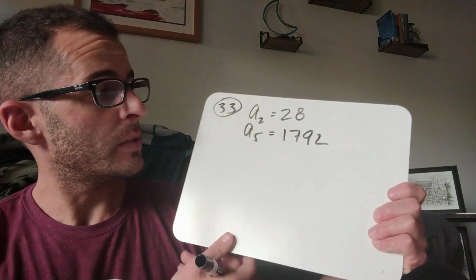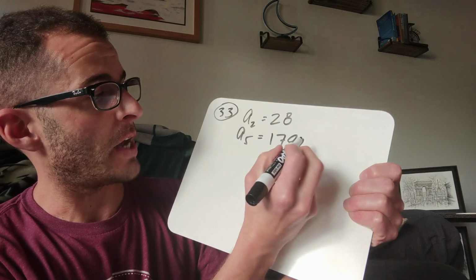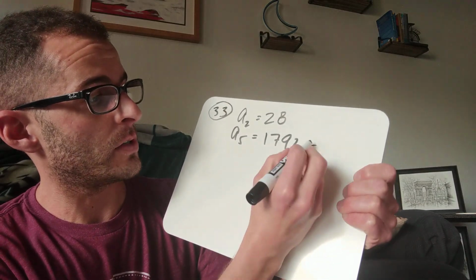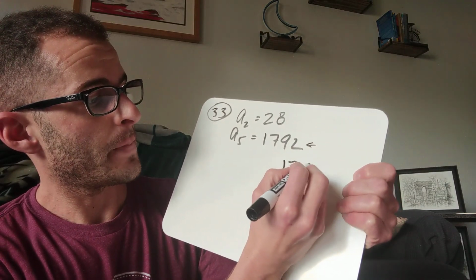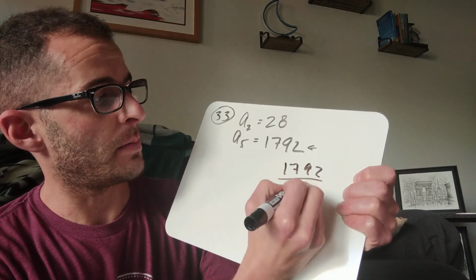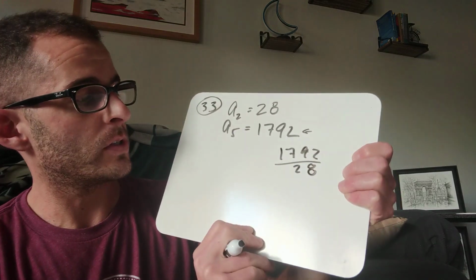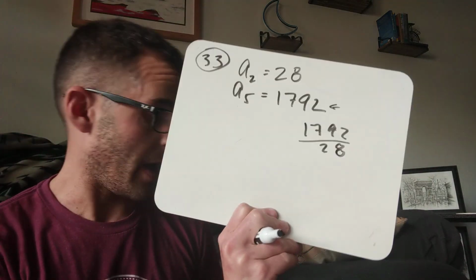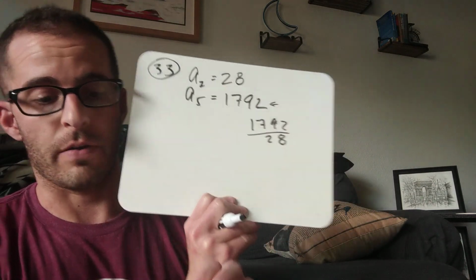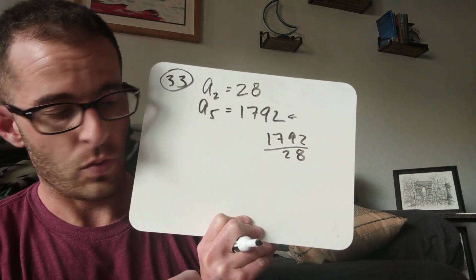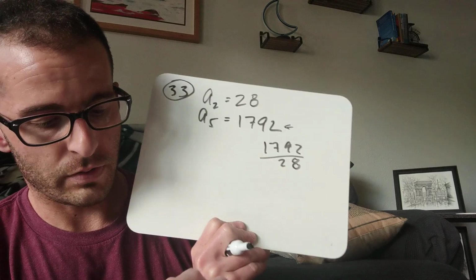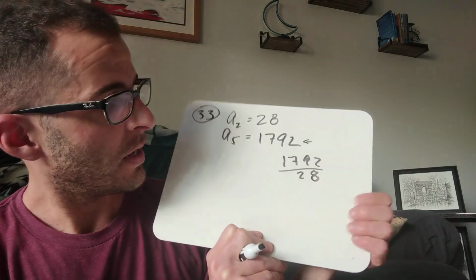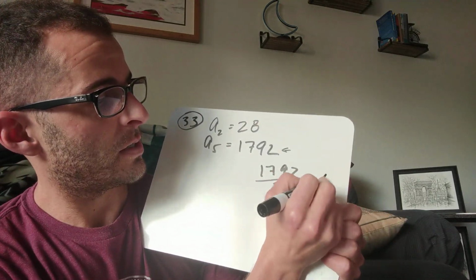What do I need to do with this piece of information? First, I need to take the rightmost and divide it by the leftmost. Okay, I'm going to need to stop and use my calculator for this because I do not know that off the top of my head. So 1792 divided by 28, that is 64.